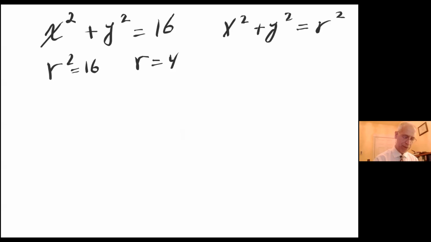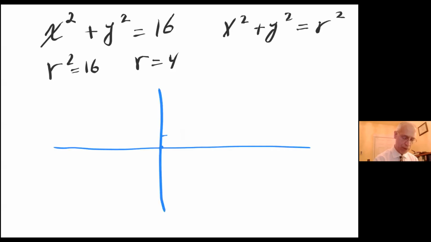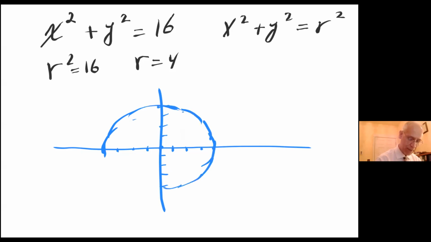So to graph this one, I go from 0, 0: 1, 2, 3, 4 in each direction. Boy, it does not look like a circle because I'm not really good with my tick marks, but please pretend it's a perfect circle.